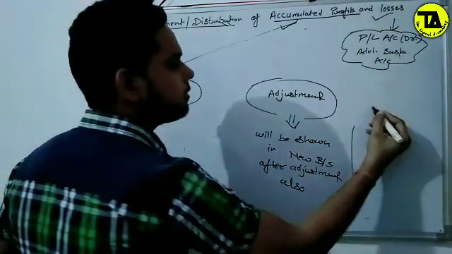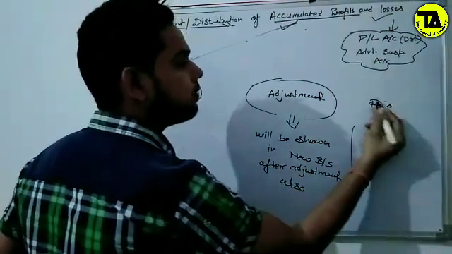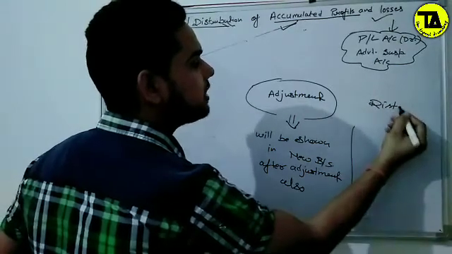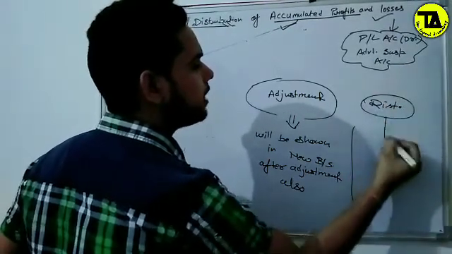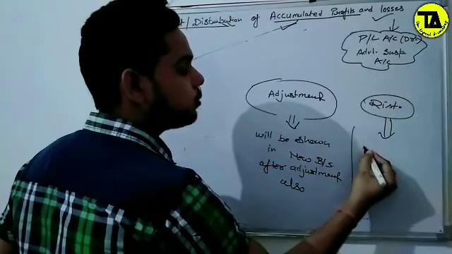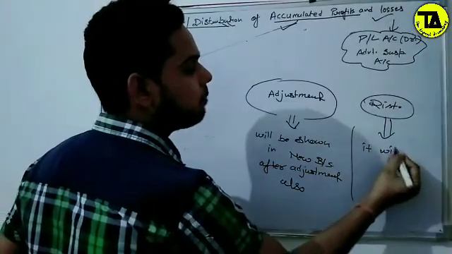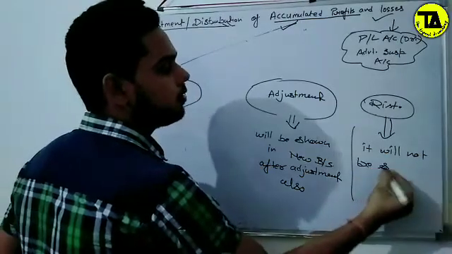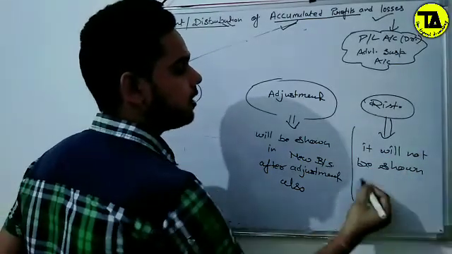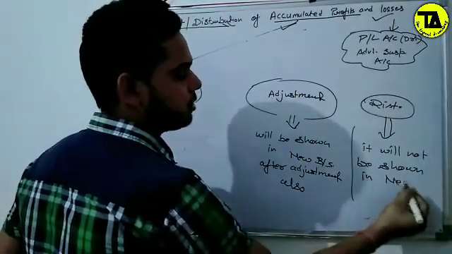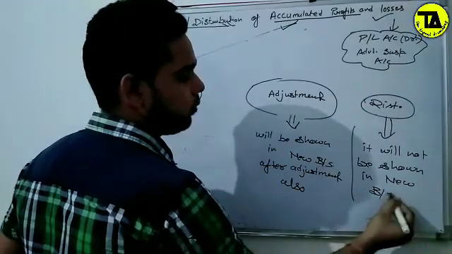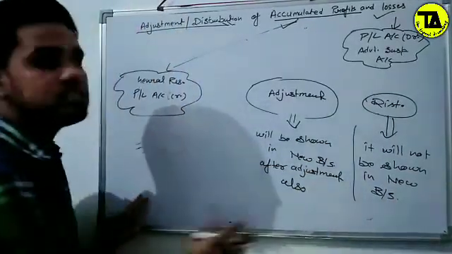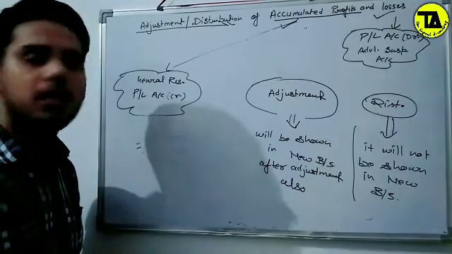Okay, now what does distribution mean? Distribution means you are distributing that thing. So after distribution, it will not be shown in the new balance sheet, right? Okay, I hope you are getting my point. If you distribute something, that will not remain in the business.